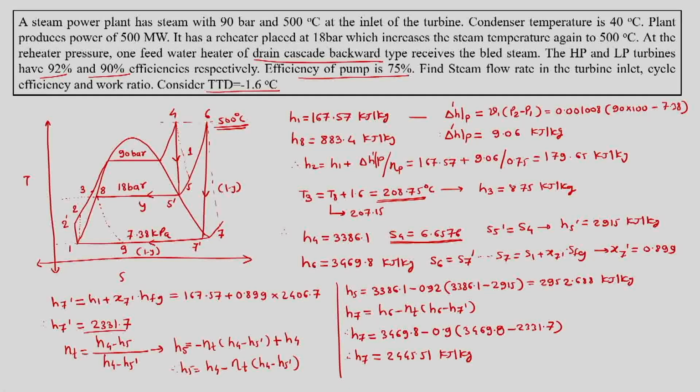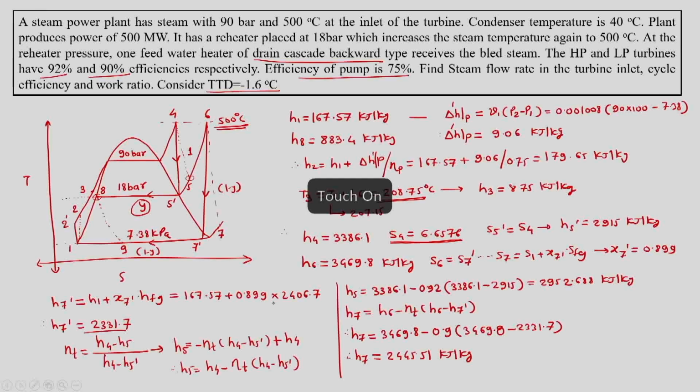Having said this, we can move ahead and find the mass fraction Y using the energy balance. The energy balance says that the mass Y is losing its enthalpy from 5 to 8, while 1 unit of mass is gaining its enthalpy from 2 to 3.